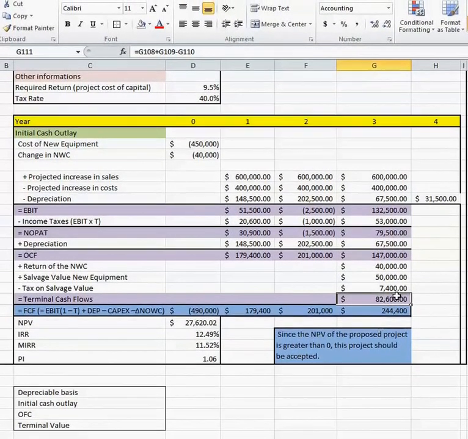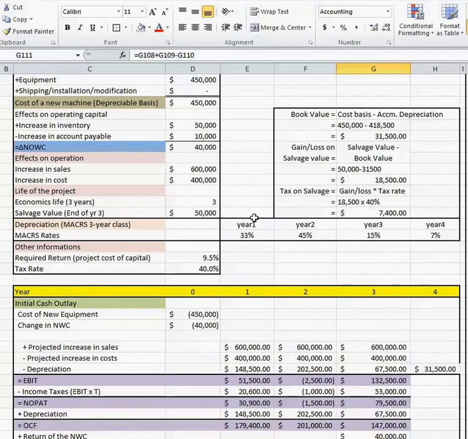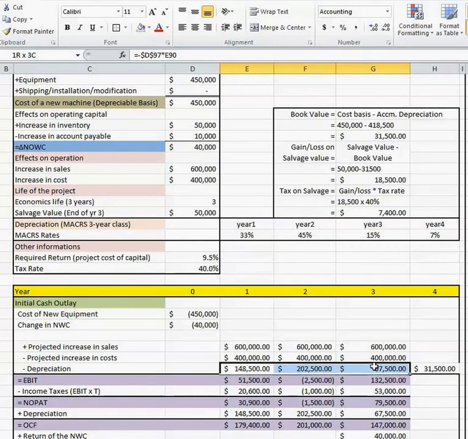Let me show you a little bit, because this part is complicated, so I have done some work here. Book value is the cost basis minus accumulated depreciation. If you sum all of these, that's going to be your accumulated depreciation, and you don't need to put that year 4.